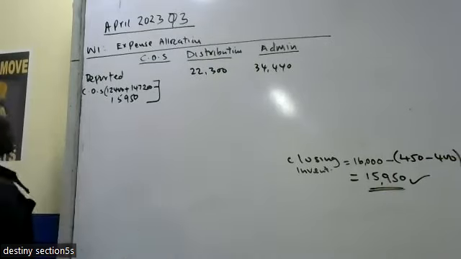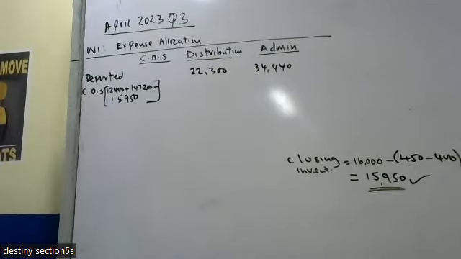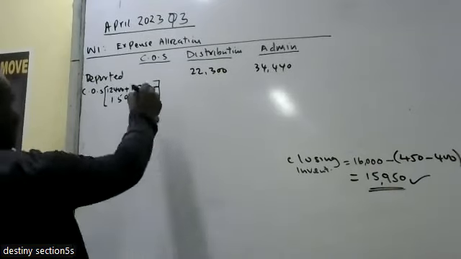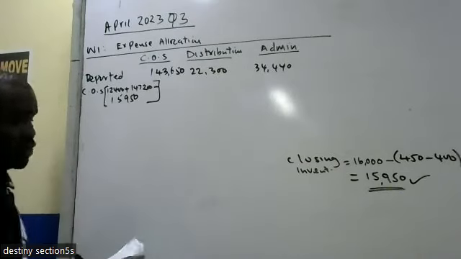So give me the correct figure for cost of sales. It is 143,650. Thank you. Let's go to the next note.